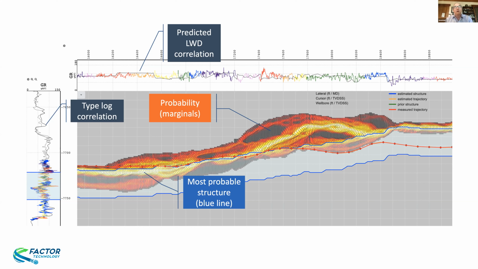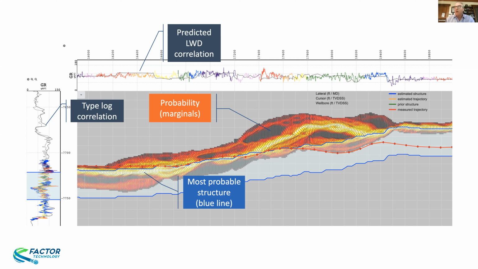So in this case, you could make an argument that even though the blue line is the most probable answer, that big thick yellow zone might be a good alternative interpretation, because that bright yellow probability is very broad. It means that any particular choice you pick through there is going to be close to a good answer.